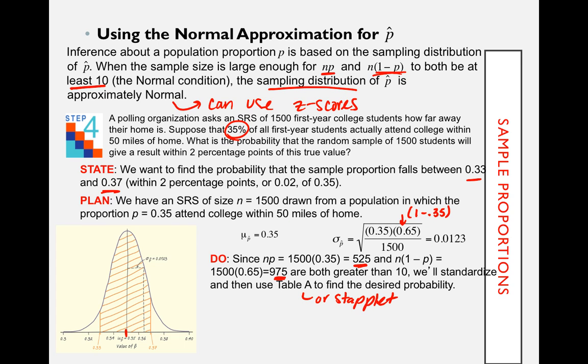So for the z-score, this is a between case. We're between 33 and 37%. So you're going to have to find two z-scores. You'll find one z-score for 33%, one z-score for 37%. And then we're going to look at the area in between those two values.